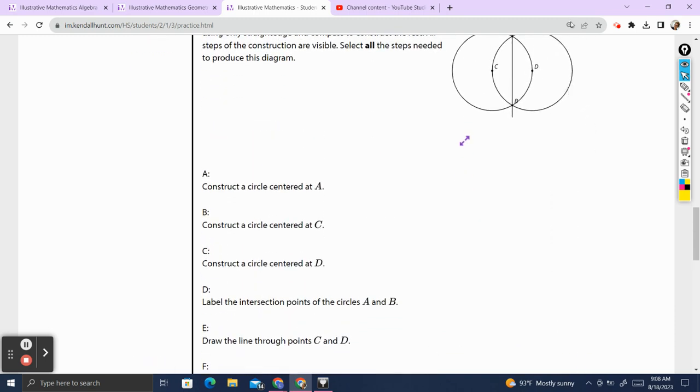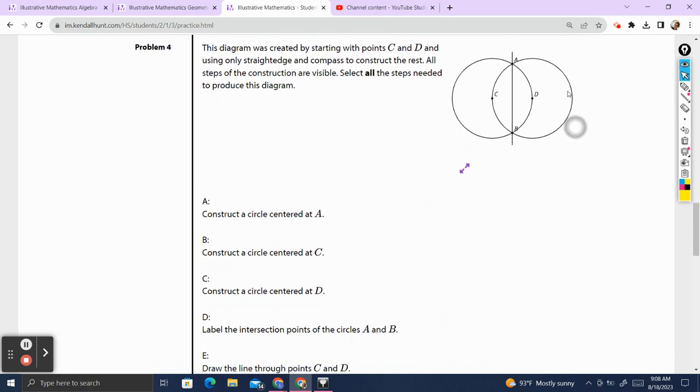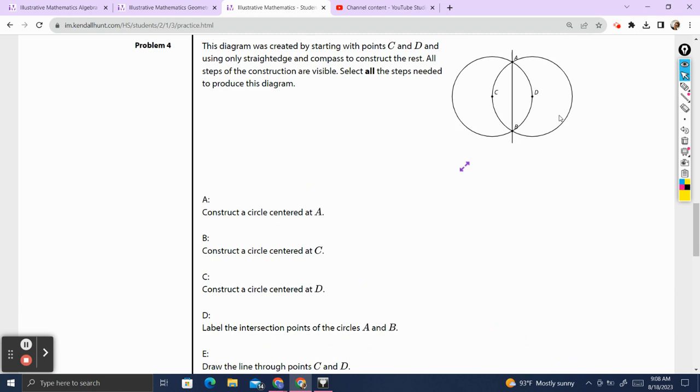Problem 4. The diagram was created starting with points C and D using only a straight edge and a compass. Using only a straight edge and a compass, construct the rest. All steps of the construction are visible. Select all the steps needed to produce this diagram.